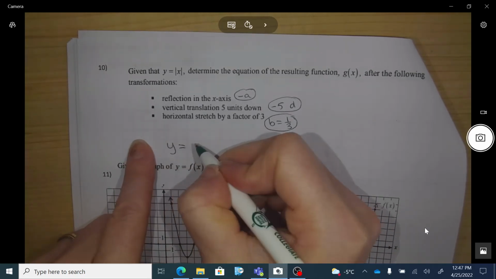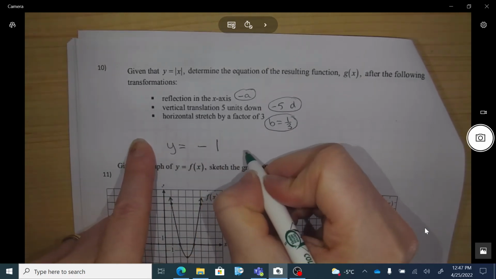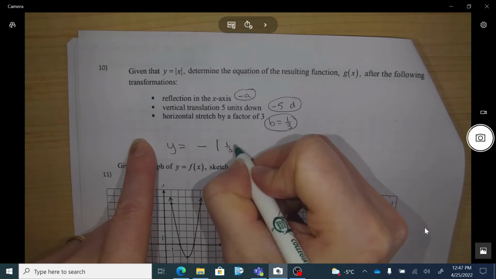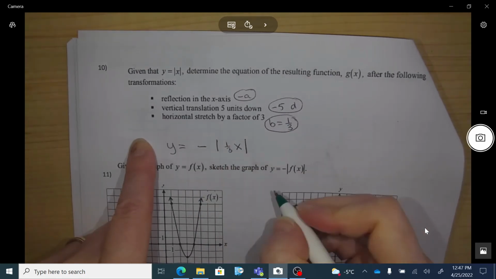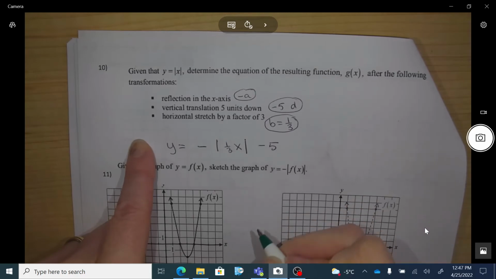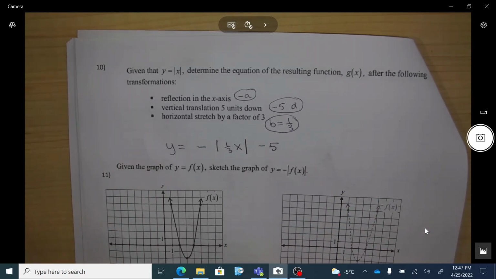So y equals negative out front, 1/3 is on the x, and -5 is out of the bracket.